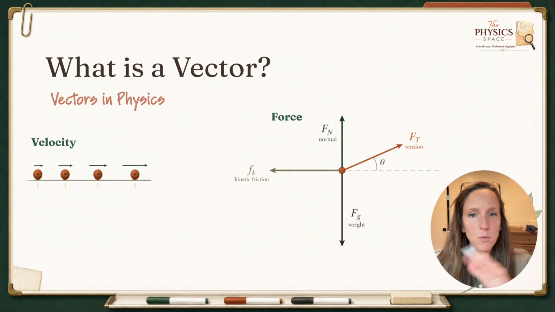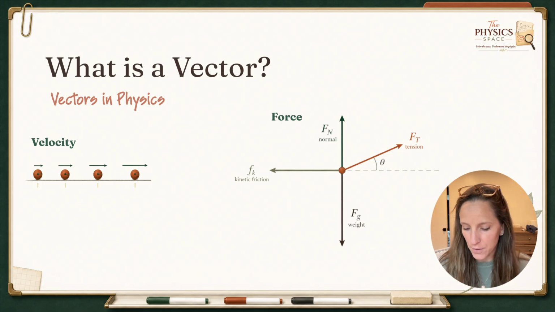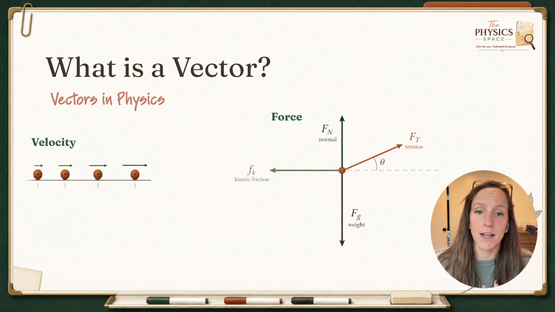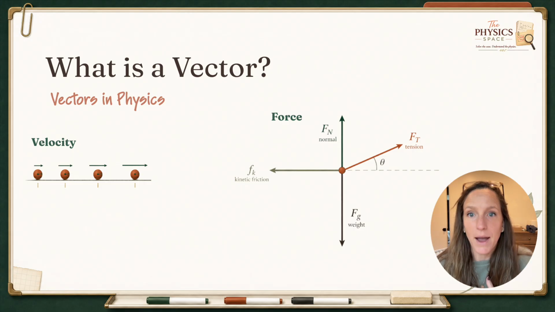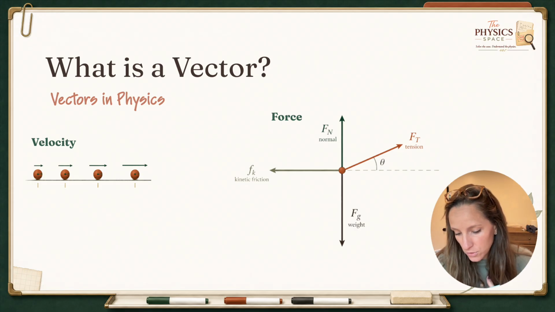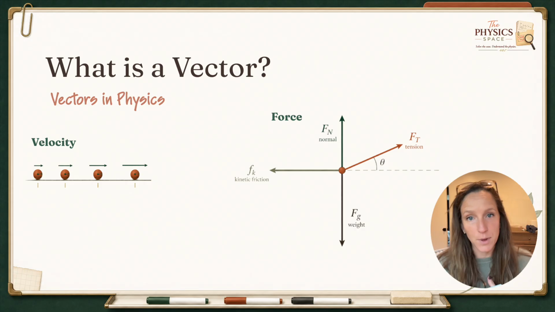We'll get more into this later in another video, but these little arrows indicate the velocity at different moments in time. In the beginning we see a smaller velocity, and that velocity vector is getting longer and longer, which tells us this is an object that's speeding up, because the magnitude of its velocity vector is increasing with time. We can also see the direction of motion of that object based on the fact that the vector is pointing to the right.